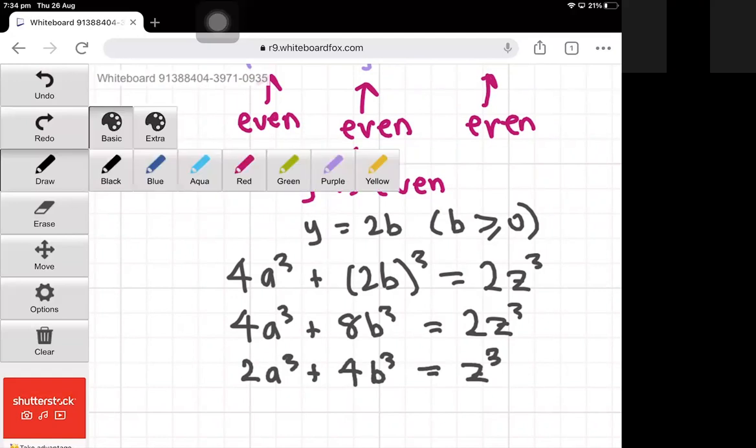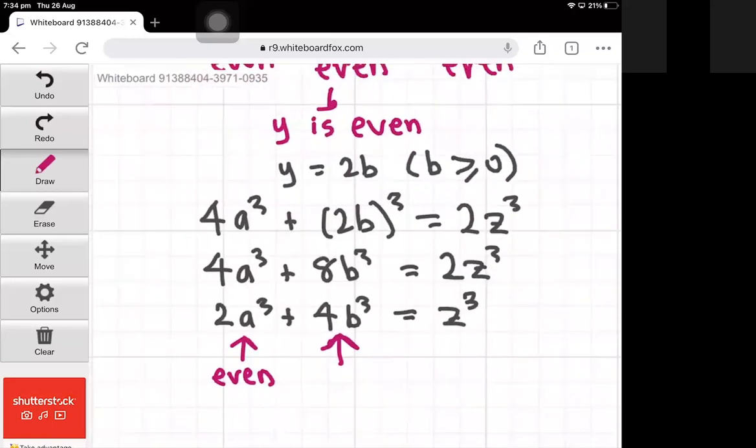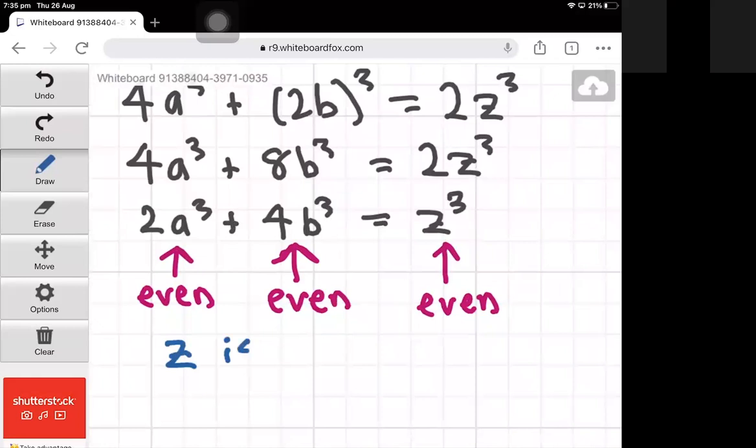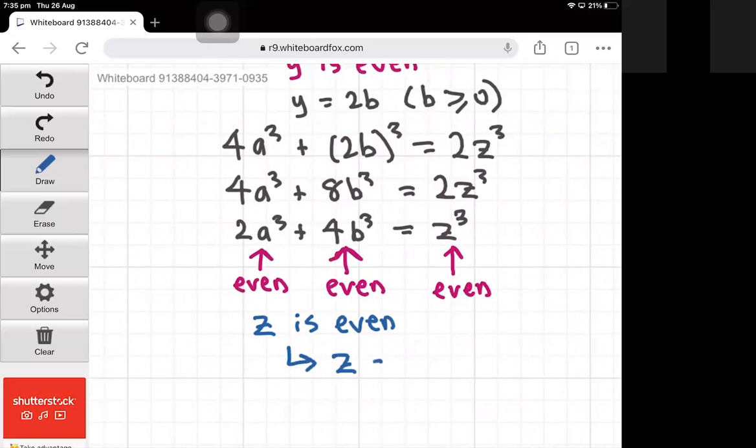For the final set of steps to solve this question, we see 2a cubed and 4b cubed are even, and even plus even means z cubed is even. Again, since z cubed is even, z must be even. Since z is even, we can write z as 2c, where c is a non-negative integer.